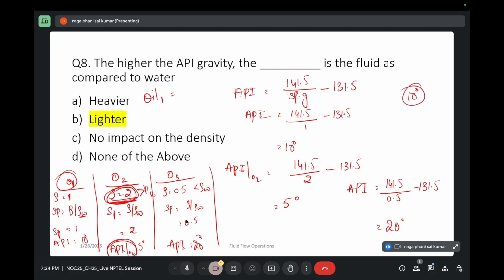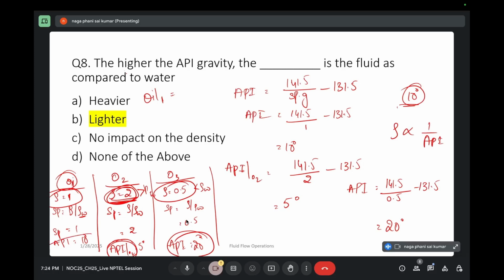And liquids which have density lower than water have higher API, which is greater than 10. This is basically an inverse relation. If density is more, API will be less than 10. And for liquids which have density equal to water, they have an API of 10.